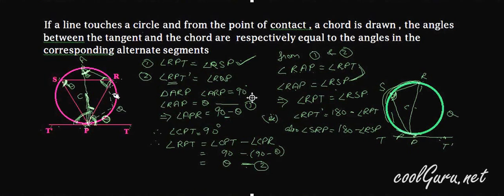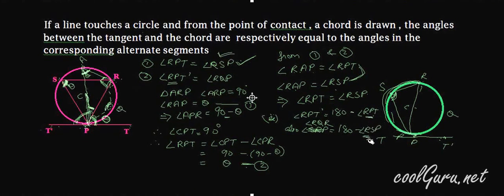Therefore, this should be RSP. This is RQP. This angle is actually angle RQP. This angle is equal to 180 minus this angle, because these are opposite angles of cyclic quadrilateral. So from this and this, we know that RPT and RSP, this we have already proved.